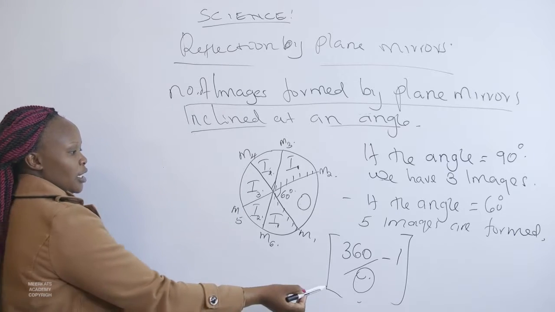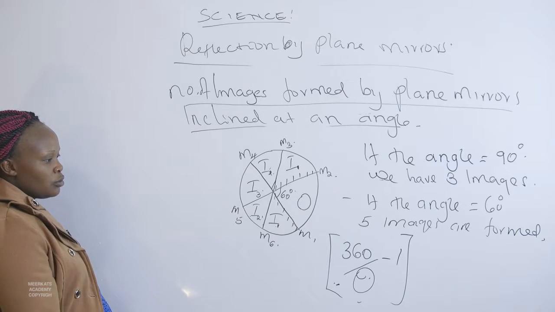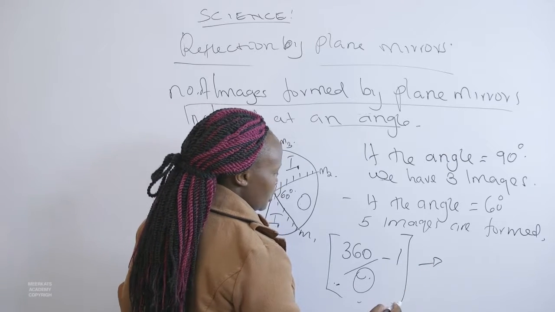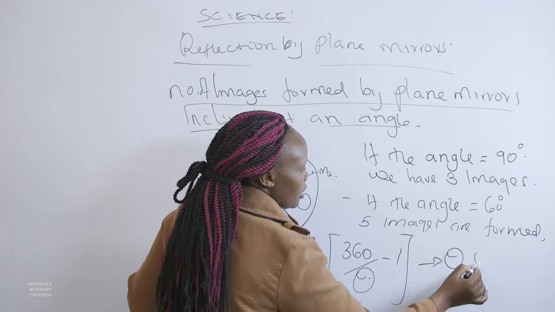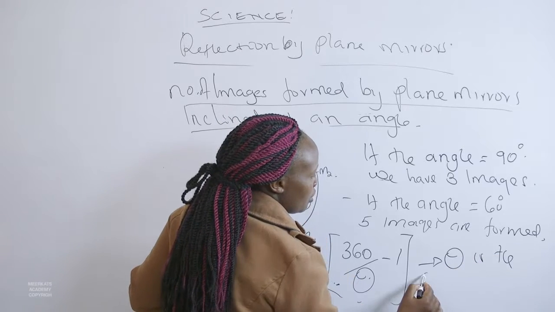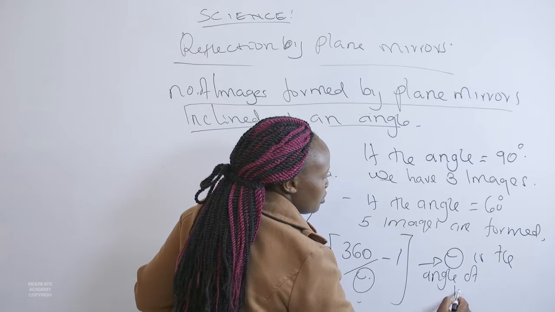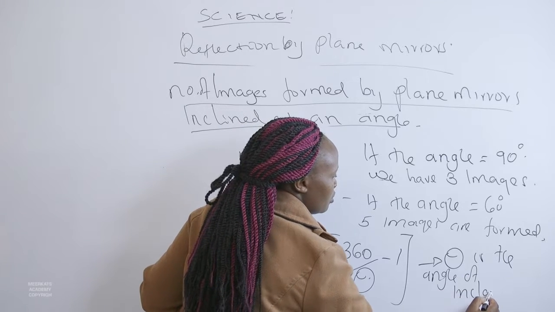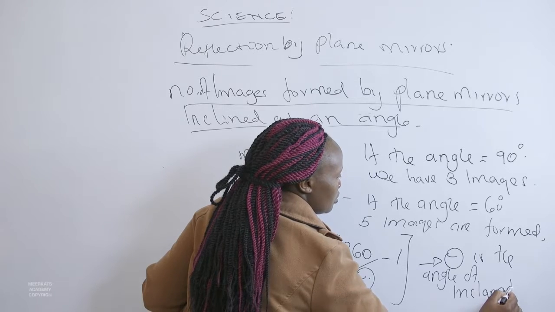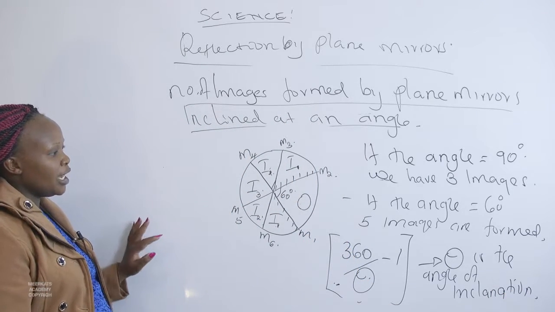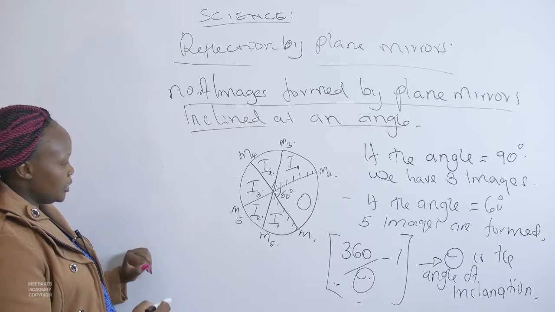Therefore, we take theta to be, probably we could elaborate that theta is the angle of inclination. So in the first case, we had our theta as 90 degrees.